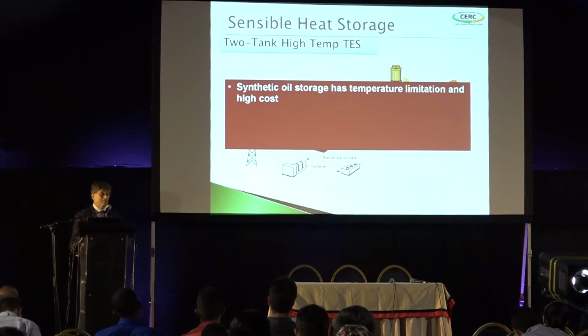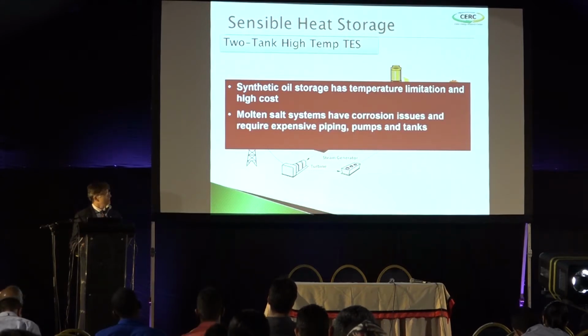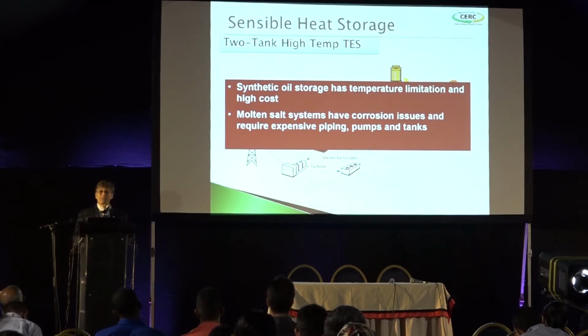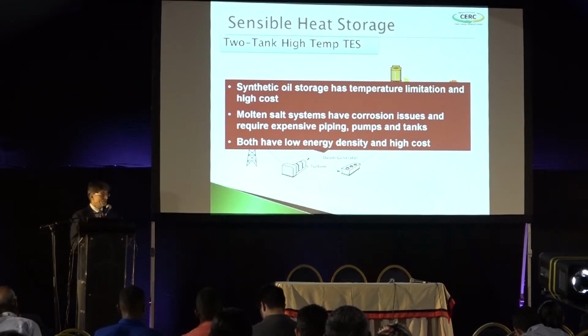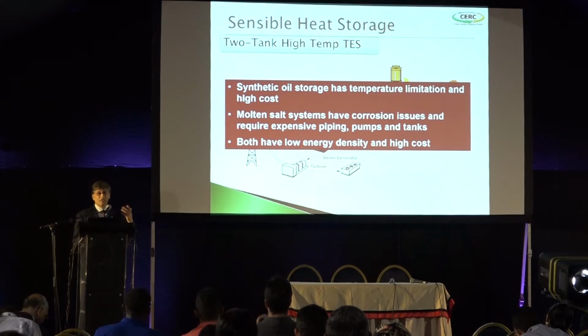You cannot go any higher temperature than that. The molten salt, though, you can go to much higher temperatures. However, the salts that we use, even when they're solid, are very corrosive. When they are liquid and at high temperature, they are highly corrosive. So they have that disadvantage, and both of these have low energy density and high cost.